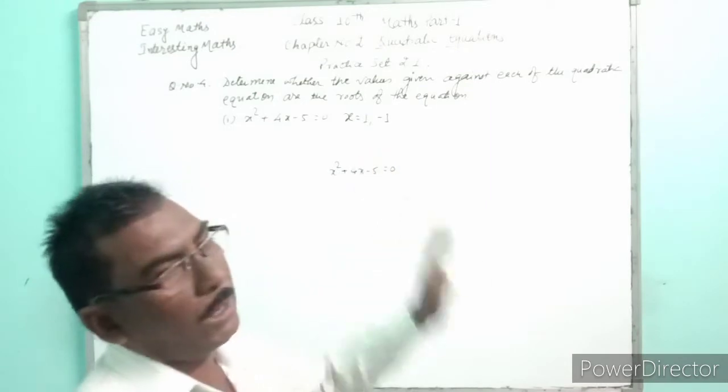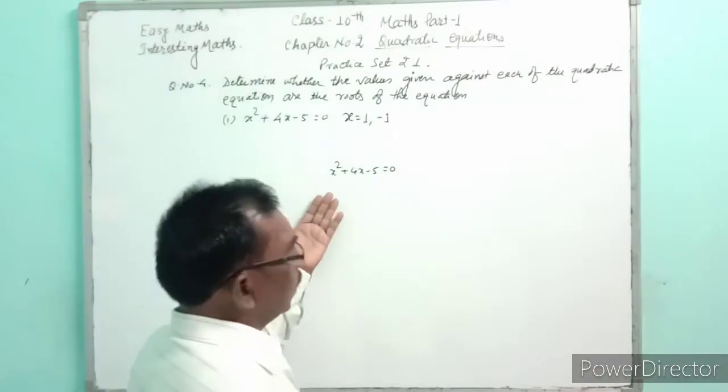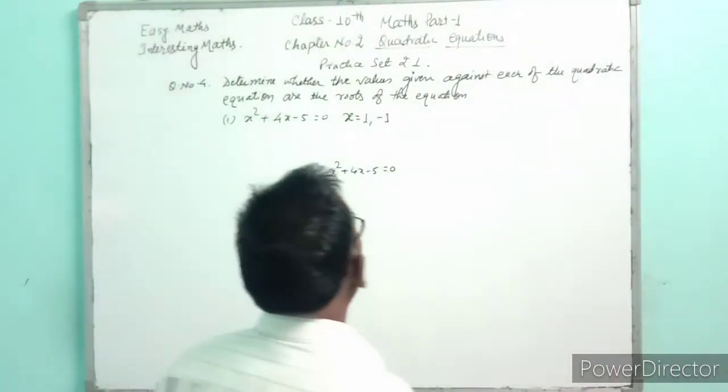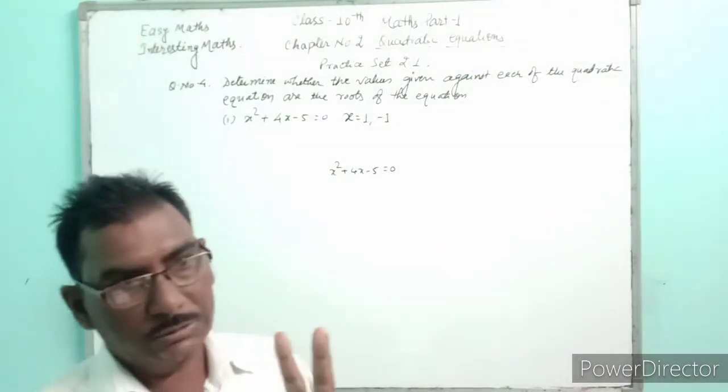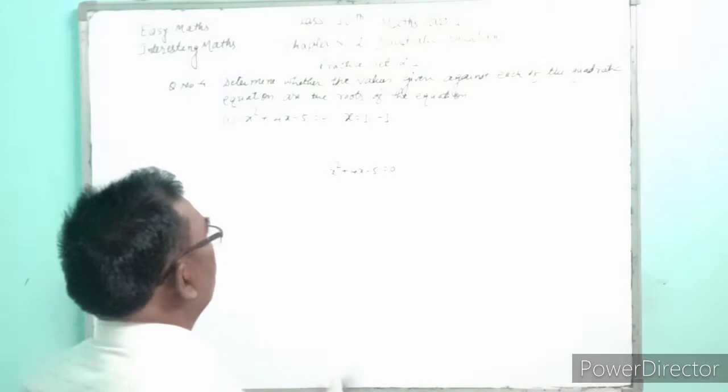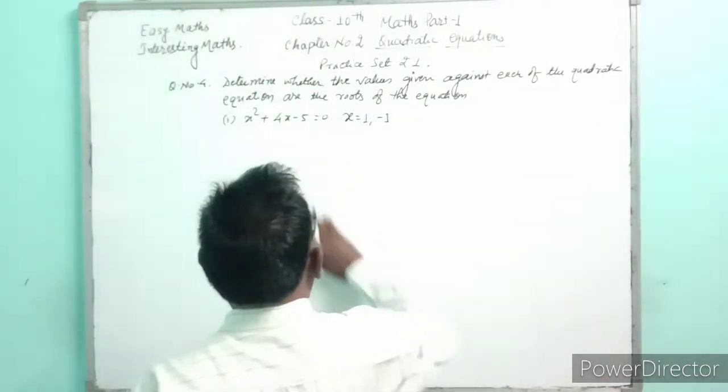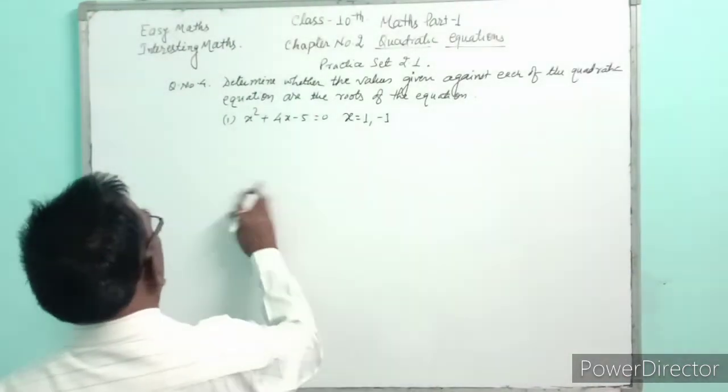Otherwise, 1 will not be a root. A root is also a solution. Each quadratic equation has two roots, meaning two solutions.